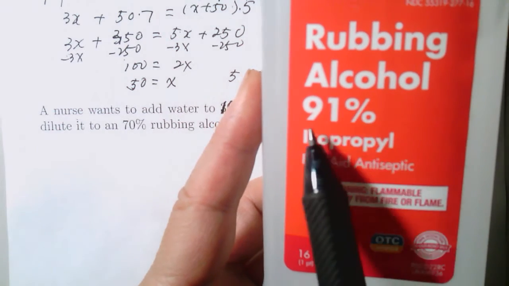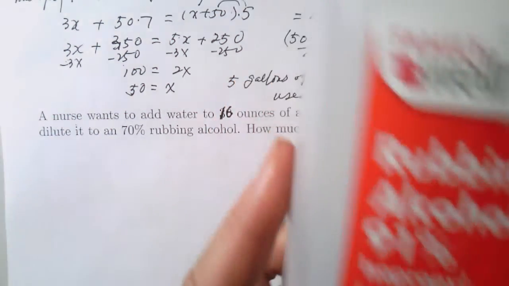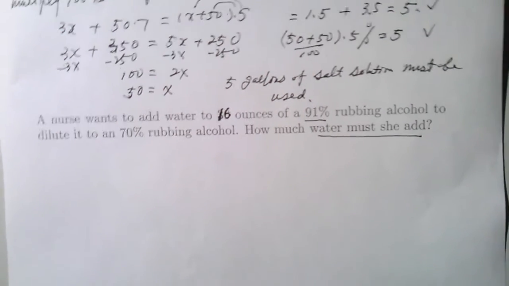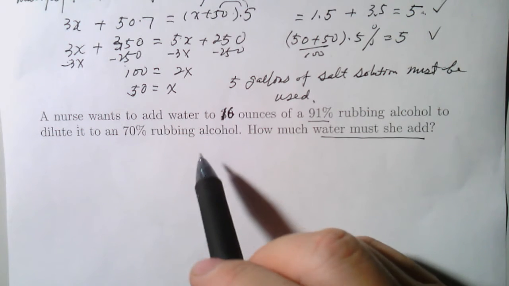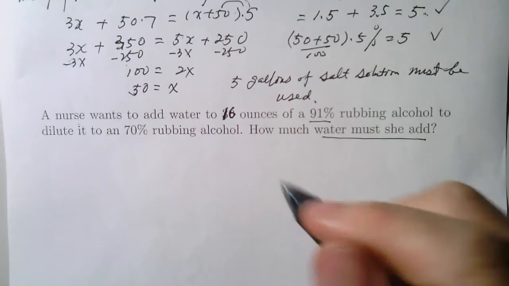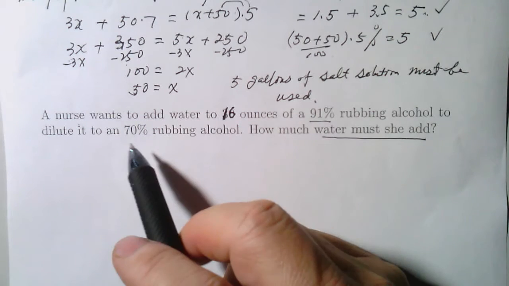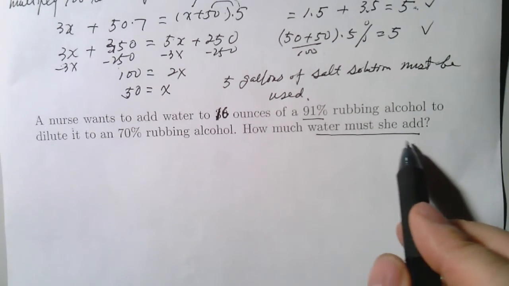It's 91%, but 91% rubbing alcohol is not as effective as 70% rubbing alcohol at killing the virus. So we have to dilute this to 70% rubbing alcohol. That's how we're going to do it. How much water must we add?